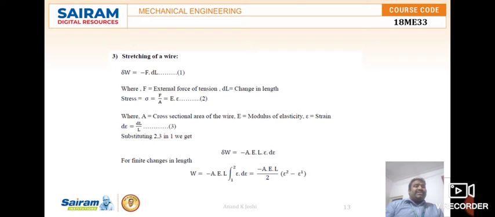For finite changes in length, W equals minus AEL times the integral from 1 to 2 of epsilon d-epsilon, which is minus AEL divided by 2 times, taking the constant term outside, since the only variable is strain, epsilon 2 squared minus epsilon 1 squared. So this is the stretching of the wire.